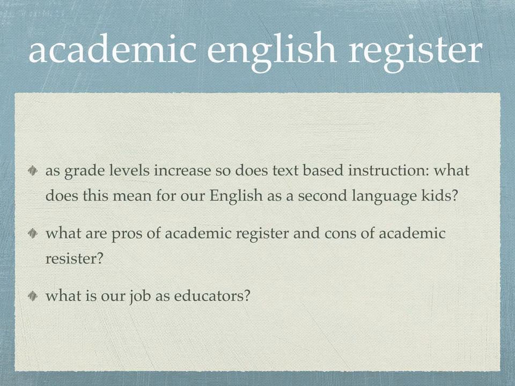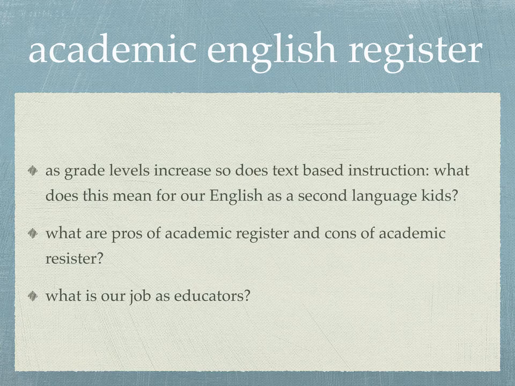Okay, so let's talk about Academic English Register. Sometimes you will see it as the letters AER. This is something that I need for you to be able to use freely in your professional language. More successful in mainstream workplaces is our academic English register.